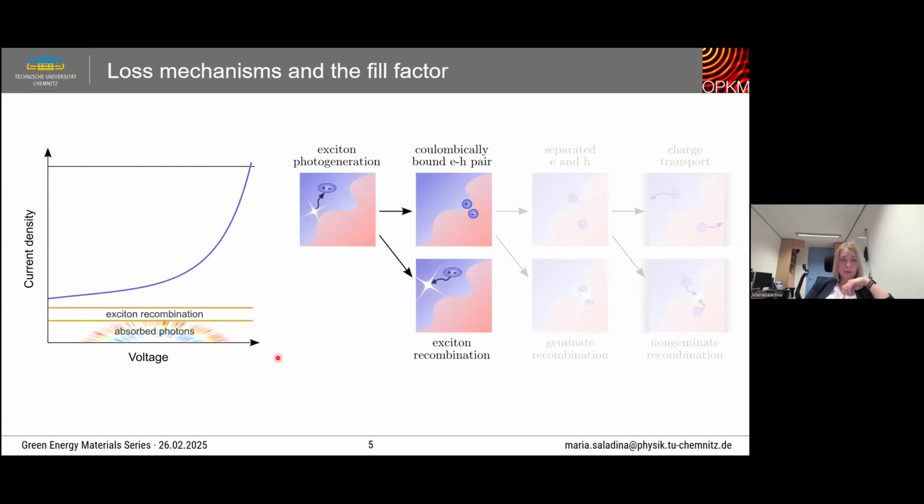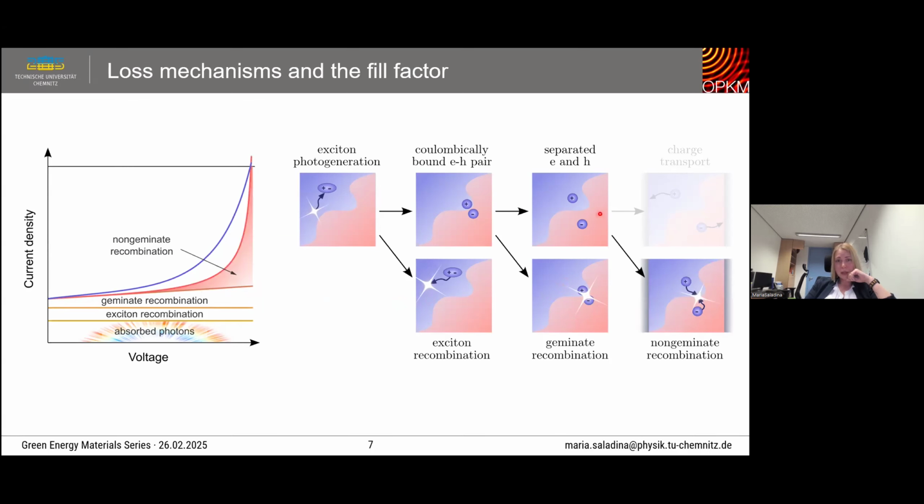So this is exciton recombination, and it doesn't depend on the voltage. Eventually, electron-hole pairs get separated, but if their binding energy, for example, is high, this can lead to voltage-dependent geminate recombination. So we get a slight slope here on the JV curve usually.